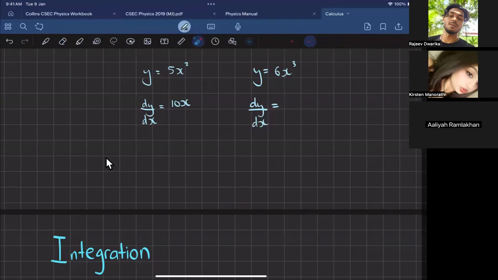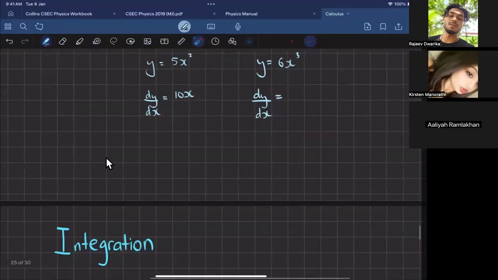So 3 by 6 is 18, right? And we're taking away one from the power. So 3 minus 1 is? 2. That's the answer. So when you differentiate, you multiply by the power and then you minus 1 from the power. Integration is just the opposite of that.